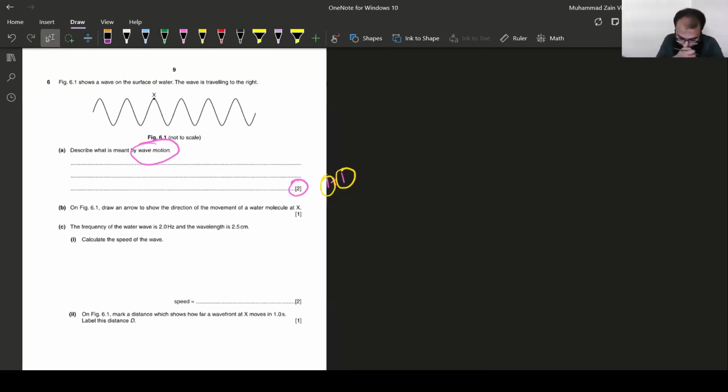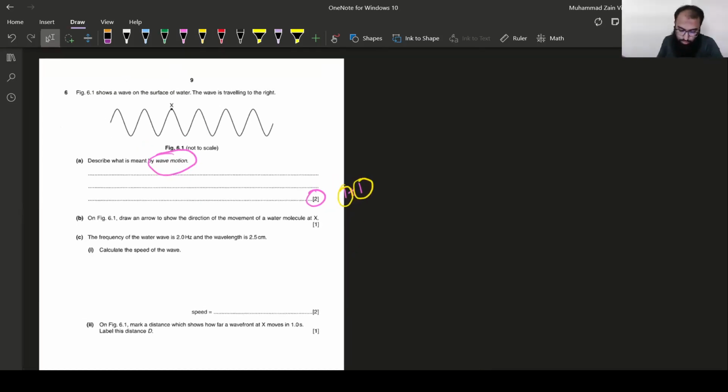Draw an arrow to show the direction of movement of a water molecule at x. So we now need to draw an arrow to show the direction of movement of a water molecule. Now there are two things involved. One is the medium, those particles which are constituting the wave.